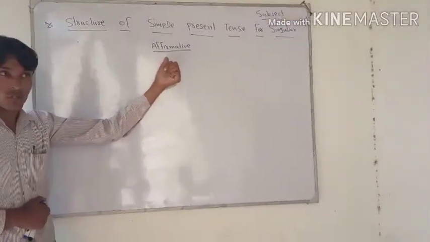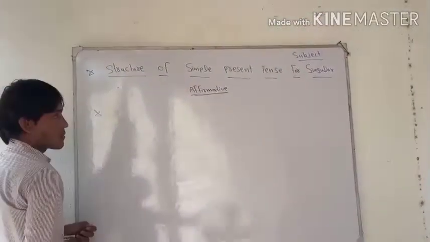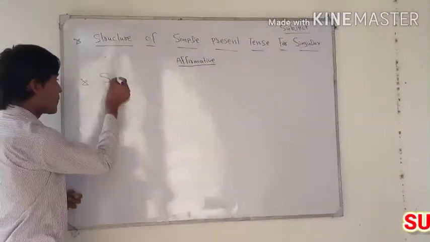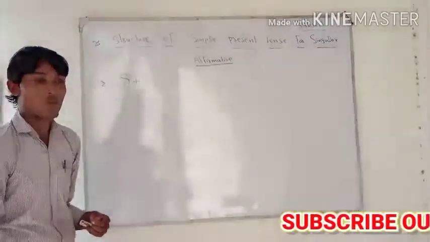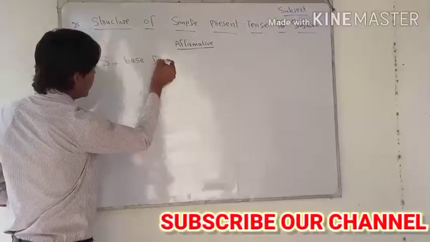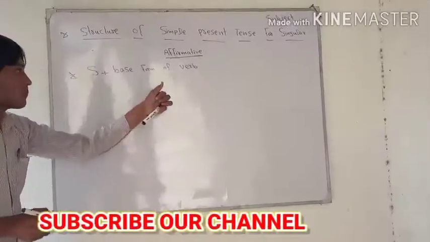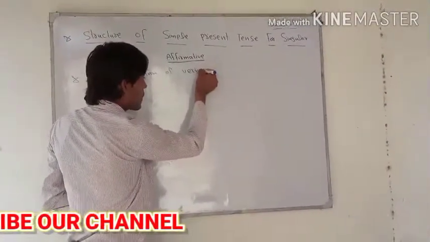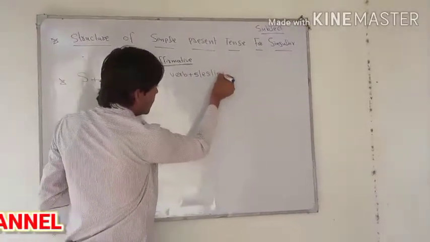Only affirmative structure. For the affirmative structure we have this formula: first of all we need a subject, then the first form of the verb, also called the base form or root form of the verb, plus we have to add s, es, or ies, plus complement.